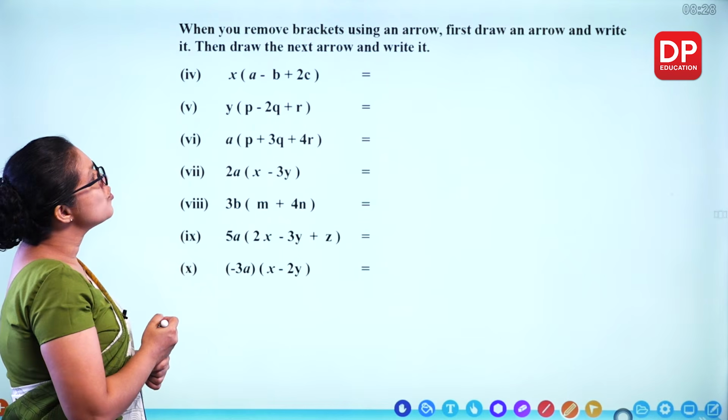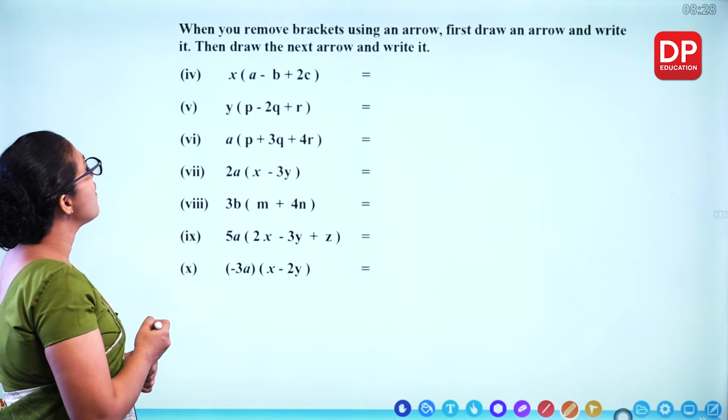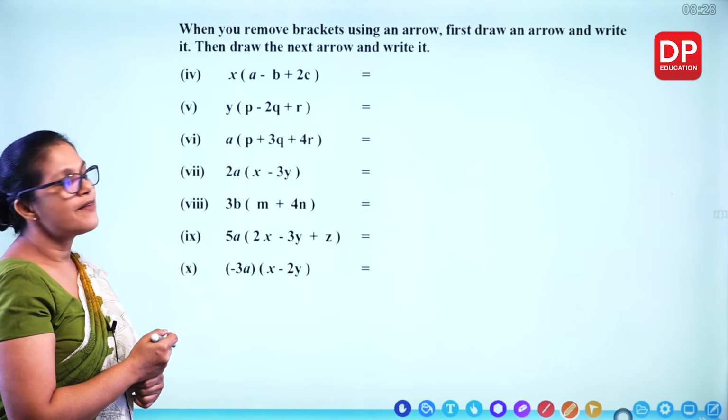When you remove brackets using an arrow, first draw an arrow and write it. Then draw the next arrow and write it.